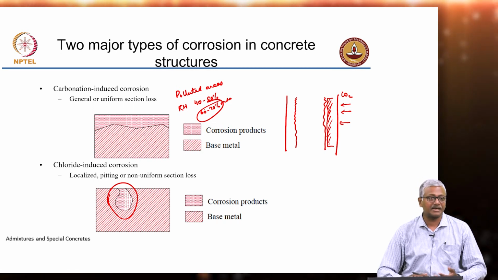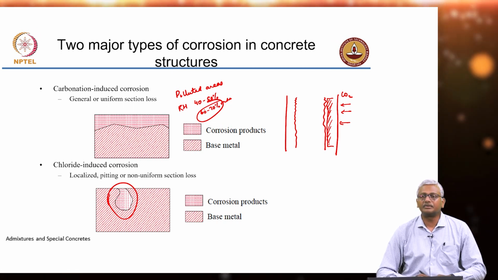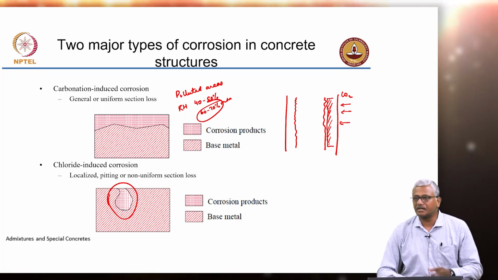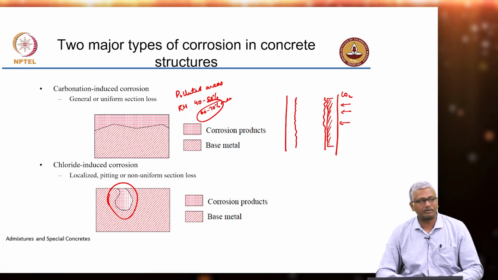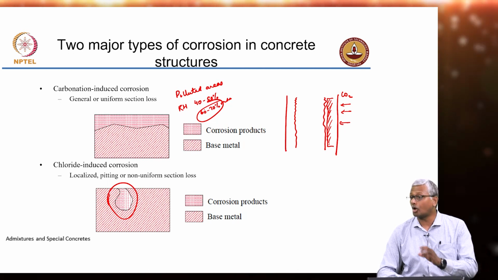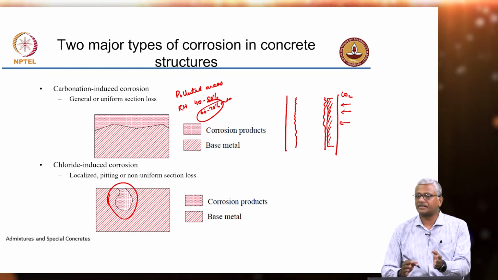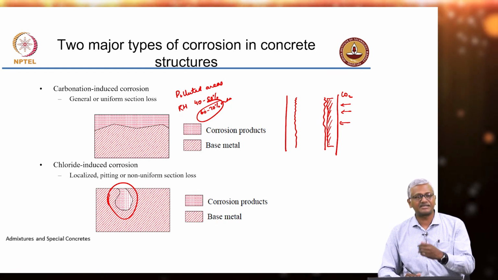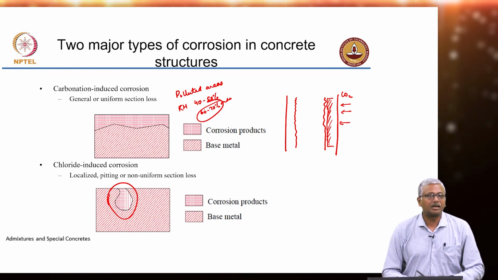And this is indeed the case wherever people see that the extent of rainfall is limited, because unless you have rain, there is no moisture that comes into the concrete. If you have prolonged periods of rain followed by periods of drying where CO2 can penetrate, again followed by rains, in such cases you need to be very careful about carbonation-induced corrosion.